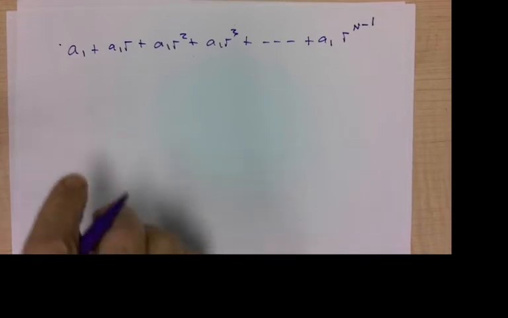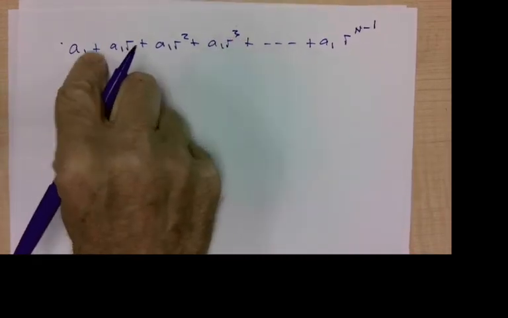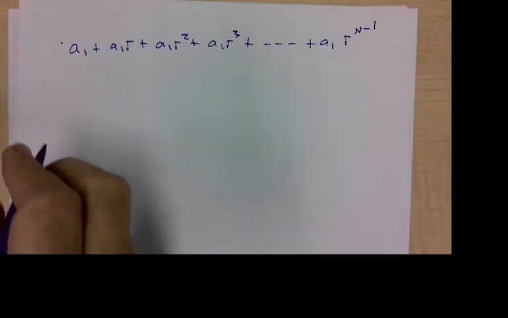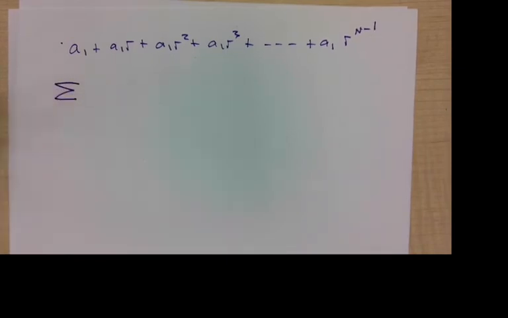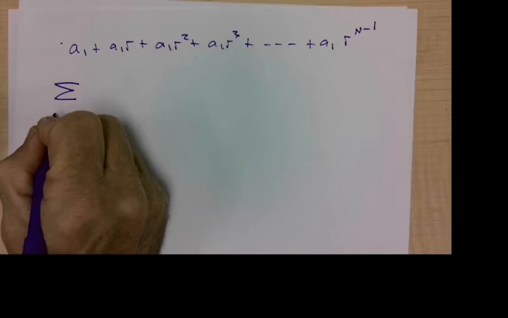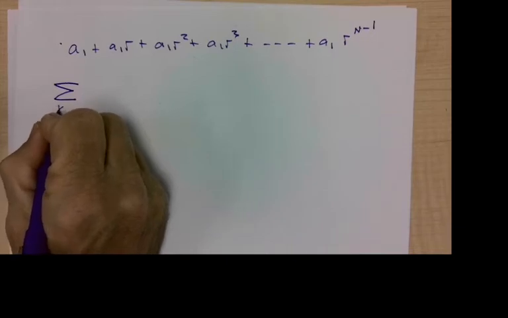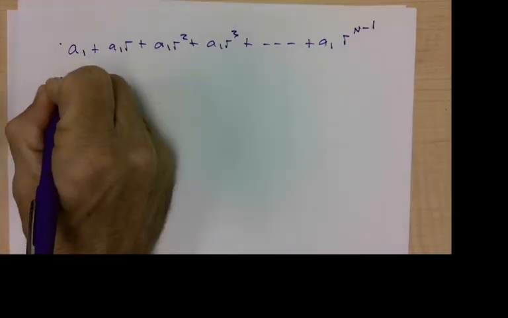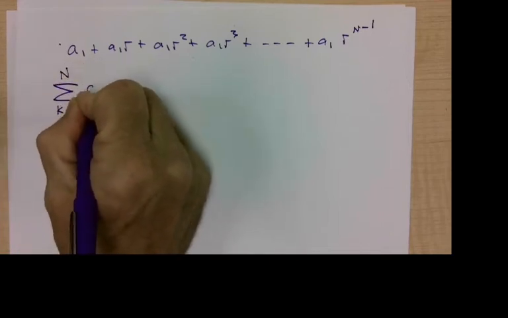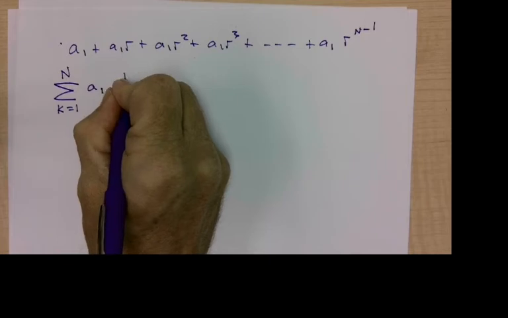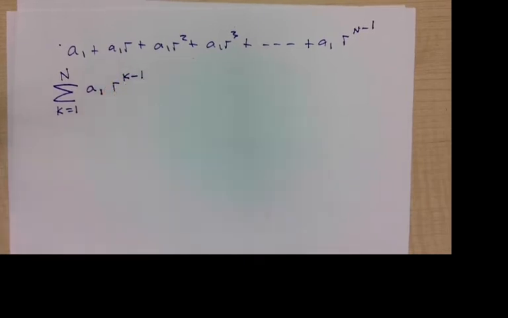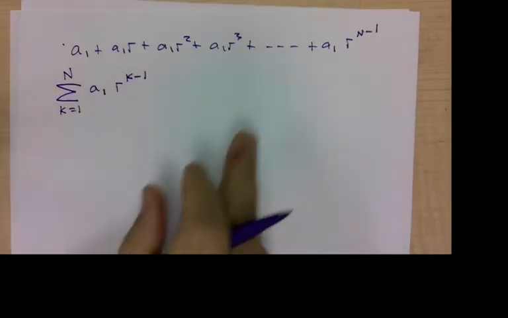N terms: a1r to the 0, it starts at r to the 0, ends at r to the n minus 1, so there are n terms there. So what I get is the sum as k goes from 1 to n of a sub 1 r to the k minus 1. So that's a little tricky in terms of how we make that work.